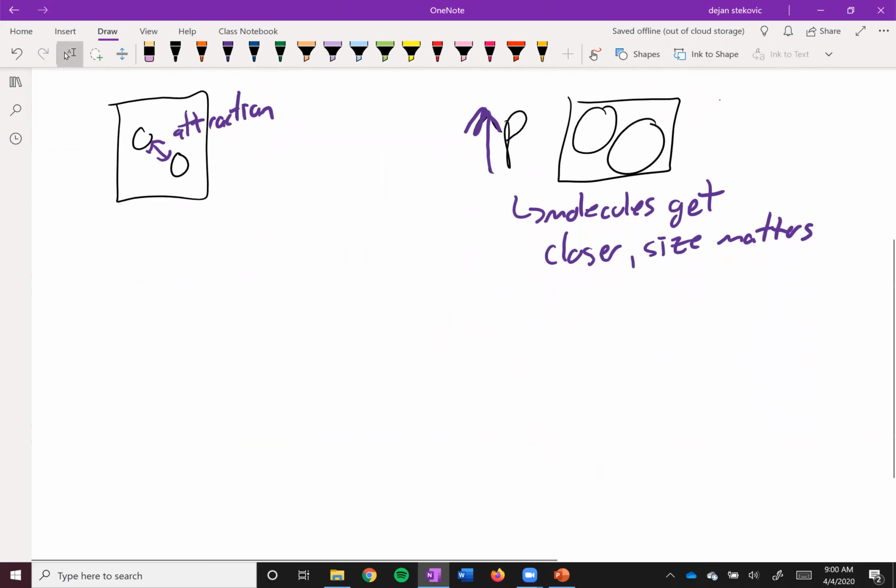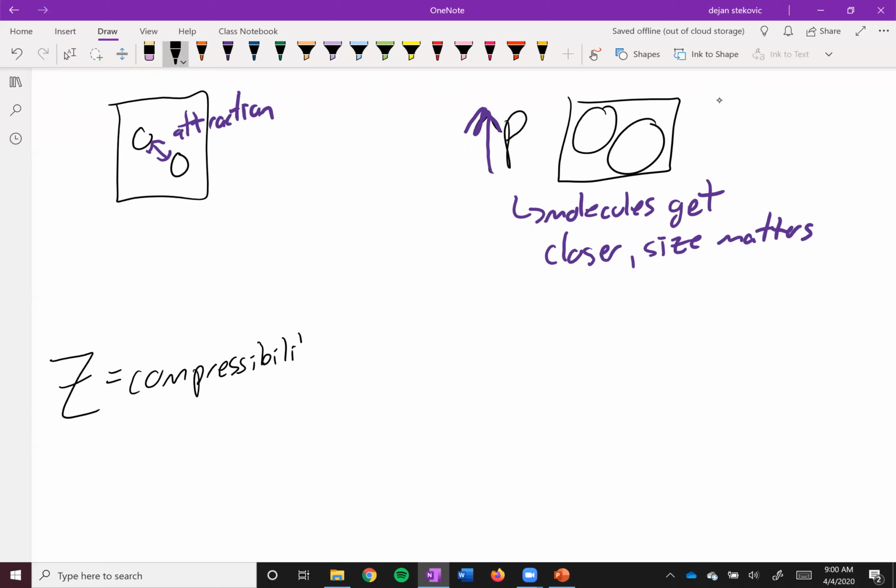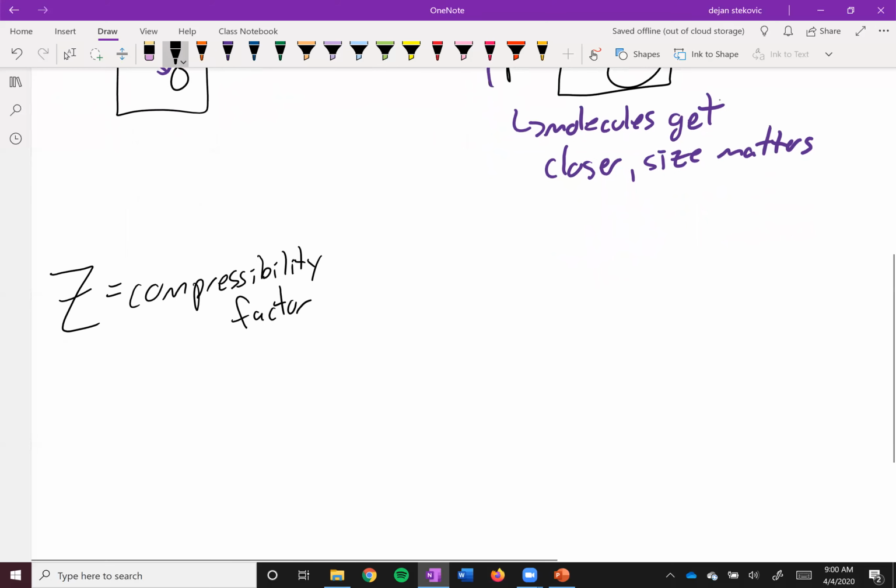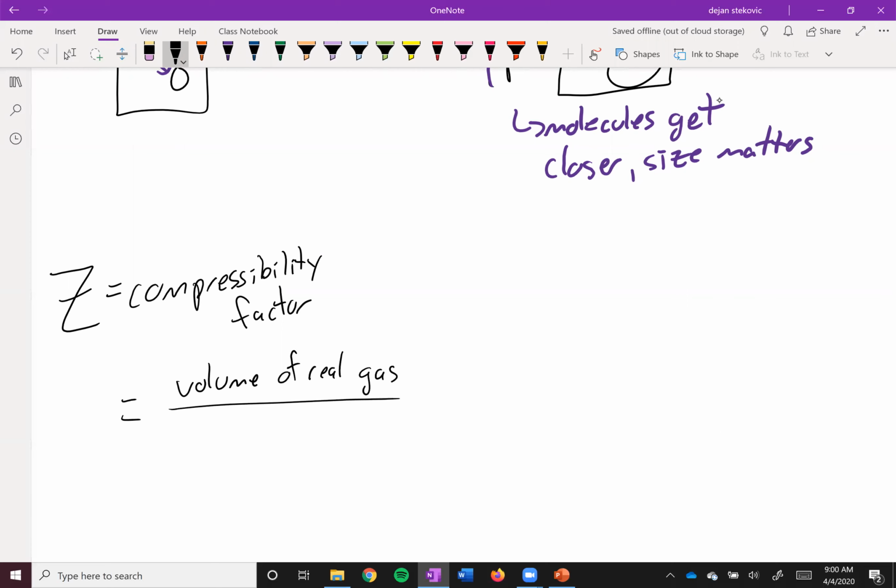One way you can compensate for that is through this Z. Z is the compressibility factor, where basically this is equal to the volume of a real gas over the volume of an ideal gas.